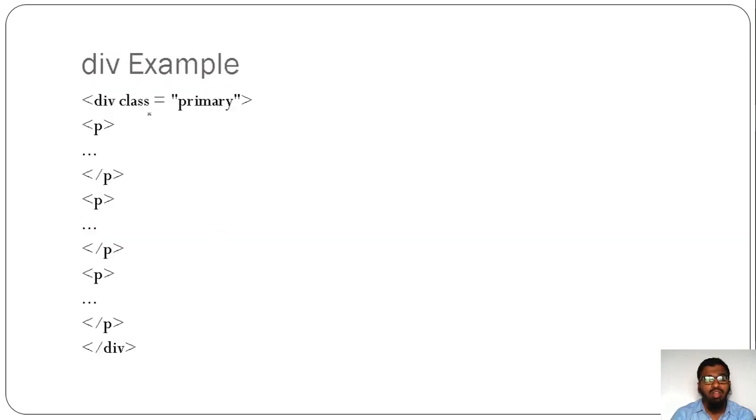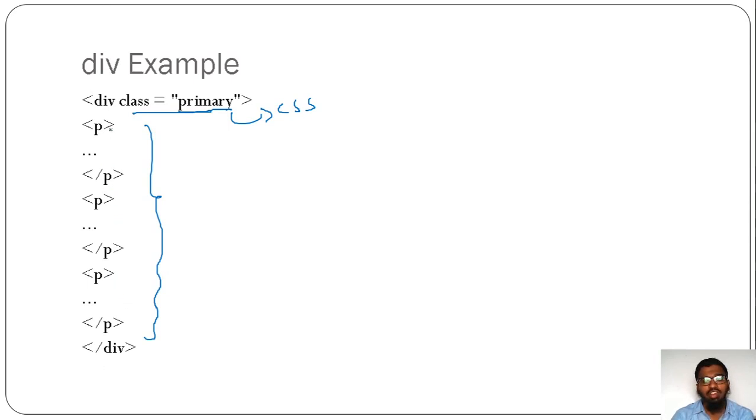Example, div class primary. I have written the CSS code for primary only, and I am using so many paragraphs. So this primary cascading style sheet can be used for all paragraphs. Automatically it will apply.